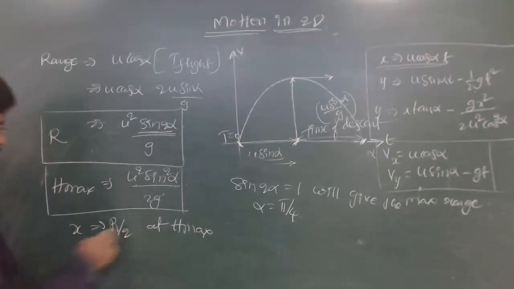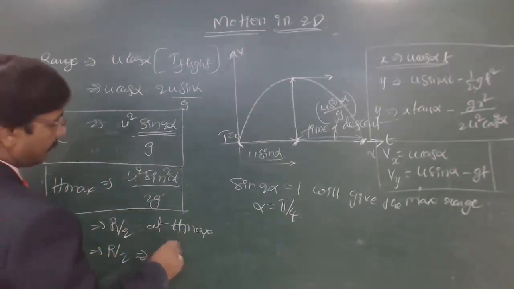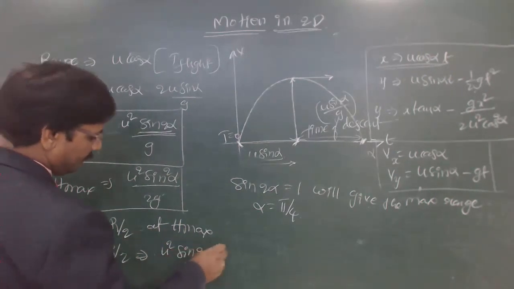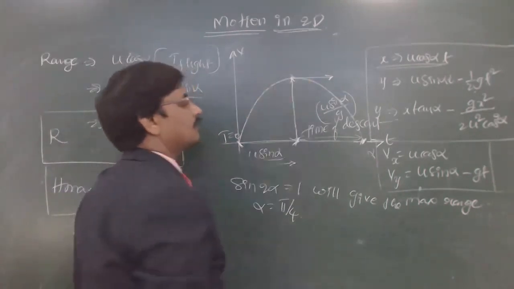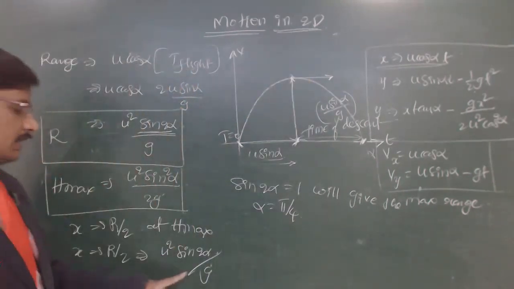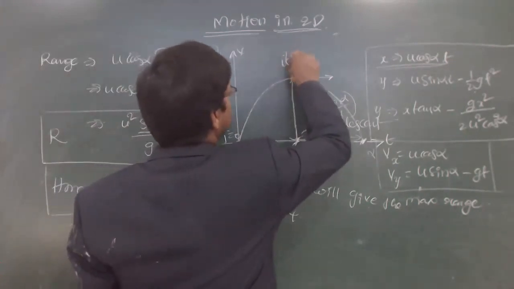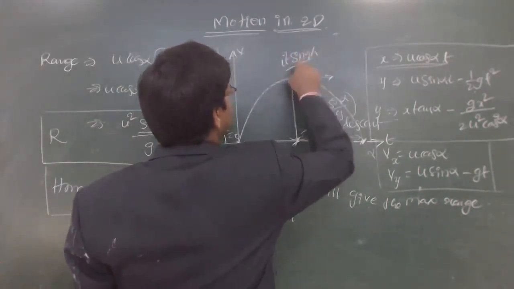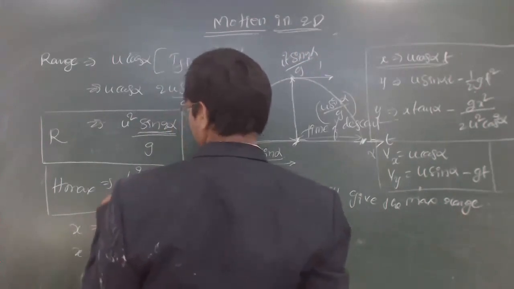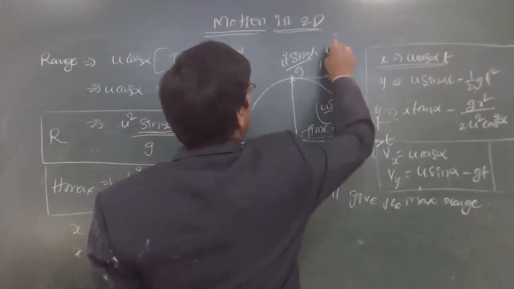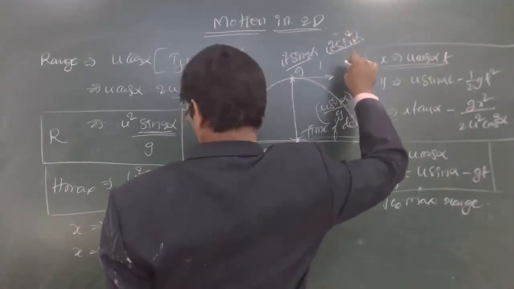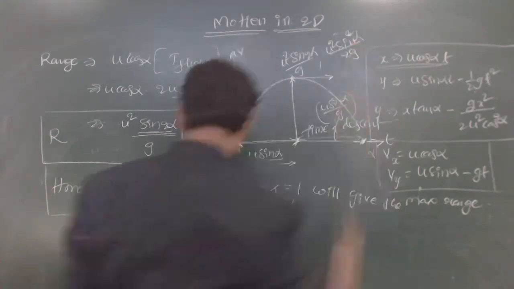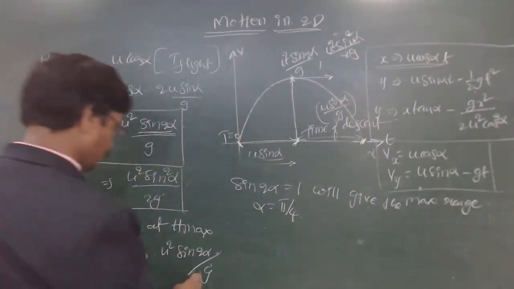And this value, x is equal to r by 2, is given as u square sine 2 alpha by g. And if you notice, this is the point of the vertex for the parabola, located at u square sine 2 alpha by g as the x coordinate, and the y coordinate is h max, given by u square sine square alpha by 2g.